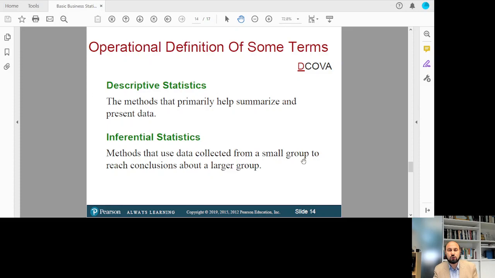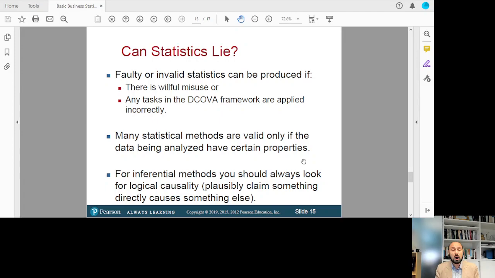Very interesting question: can statistics lie? Faulty or invalid statistics can be produced if there is willful misuse or if any task in the DCOVA framework is applied incorrectly. So we have to make sure that we are using each and every step of the DCOVA framework correctly so that we do not create a situation where statistics start lying to us and we produce wrong conclusions.